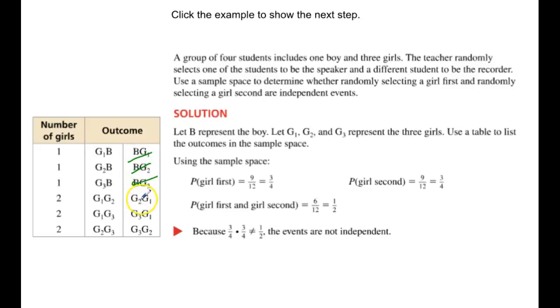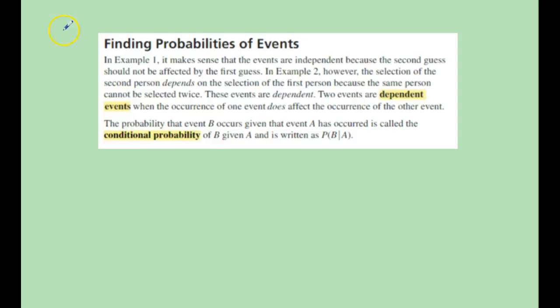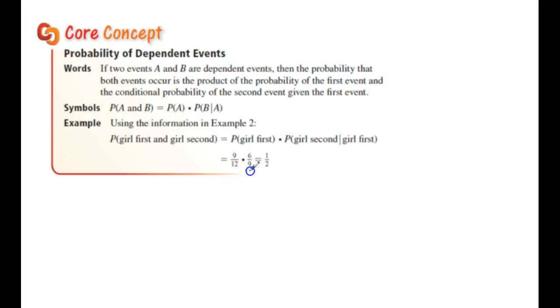I have not taken a girl first. So now I'm only left with 9 possibilities, right? Now how many of those am I selecting the girl second? That's where these come into play. So now I can multiply those and I end up with 1/2.